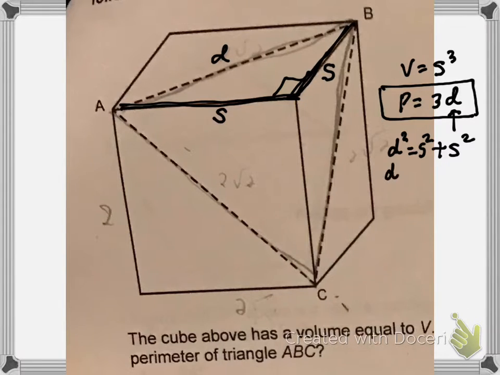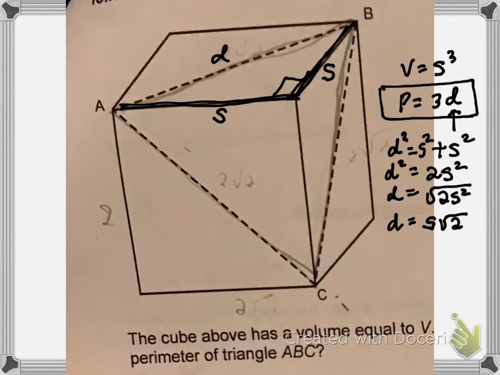And that gives me D squared equals 2S squared. And so if I want D, that will be the square root of 2S squared. And the square root of S squared is S, so I'm going to put S outside and leave the 2 inside the square root. Okay? So that's my D.